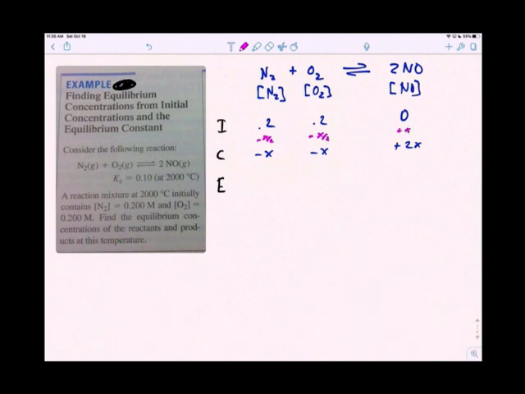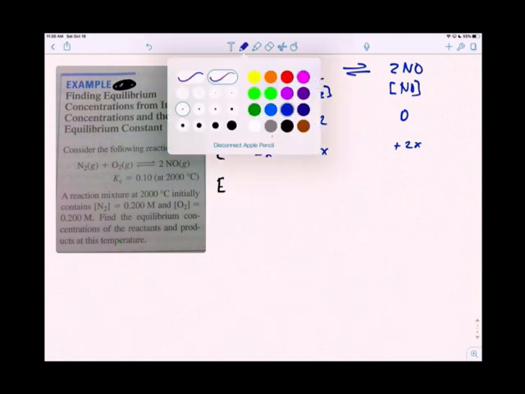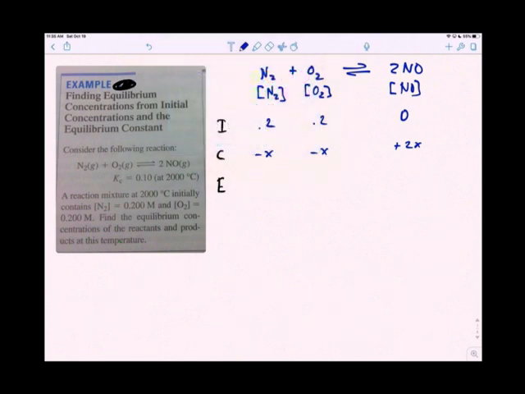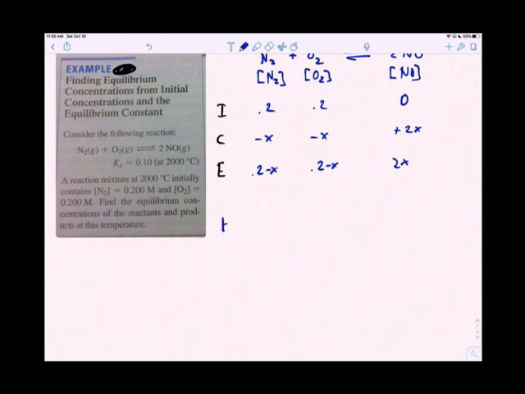You can do it that way if you want. I prefer not to; that's my own personal preference. So at equilibrium, this is 0.2 minus x, this is 0.2 minus x, and this is just 2x.